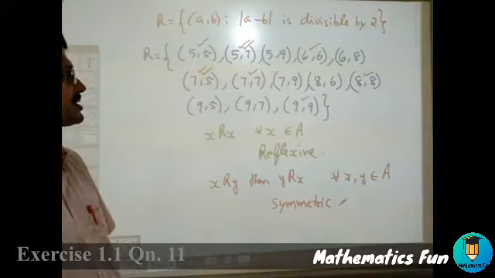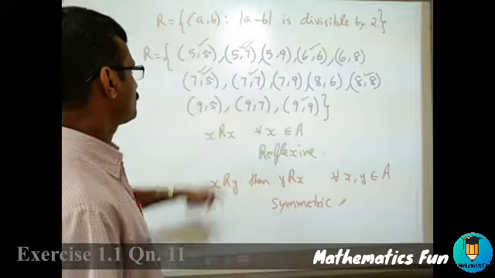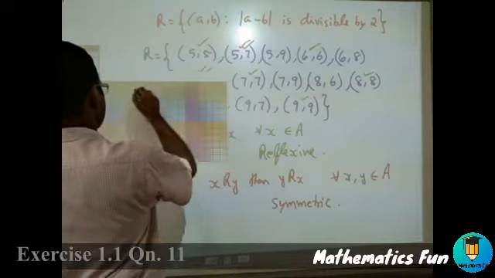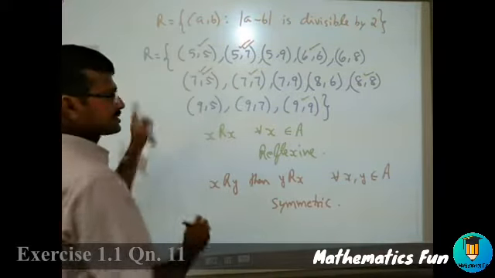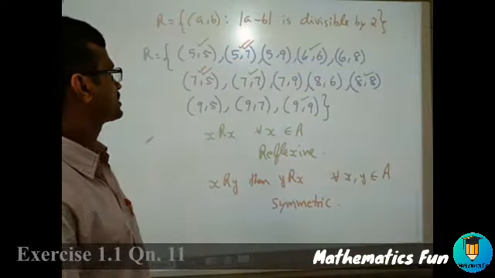Now we have to check whether it is transitive or not. For that, let's see a few elements. It must be like this: x related to y, y related to z, then x must relate with z.